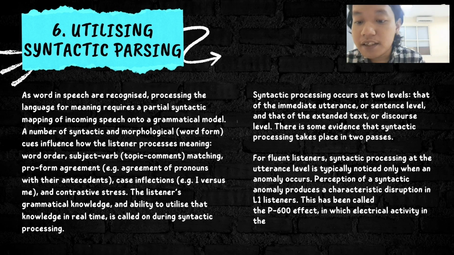For a fluent listener, syntactic processing at the utterance level is typically noticed only when an anomaly occurs. Perception of a syntactic anomaly produces a characteristic disturbance in a listener that has been called the P600 effect, in which there is a change in electrical activity.